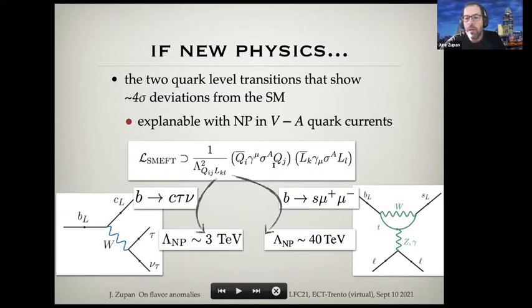So if we interpret this as some new physics that comes from a V minus A type operator, with some couplings to the leptons, and I just put a 1 instead of the coupling, then the new physics scale in the two cases will be 3 TeV for the deviation in B to C tau nu, and 40 TeV for B to S mu plus mu minus.